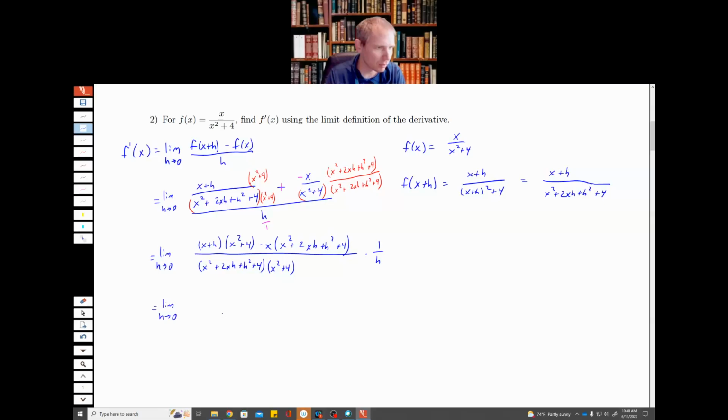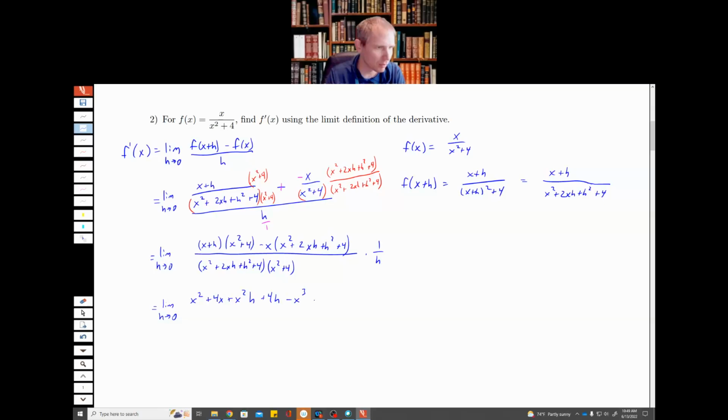Okay, so in the numerator, multiplying out this first thing, x times x gives me x squared, x times 4 is plus 4x, h times x squared is, and I'm going to just use the convention of always writing the x's first, so an x squared h. And then h times 4 is plus 4h. Okay. Over here, I just have a negative x to distribute to all 4 of these terms.